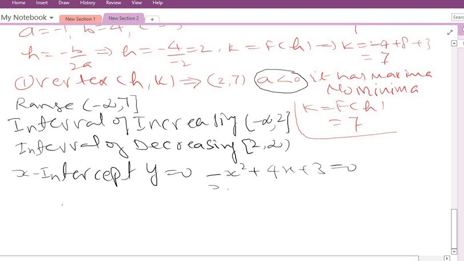When I solve using a calculator, this gives x is equal to minus 0.64 and x is equal to 4.6. So the x-intercepts are minus 0.64 and 4.6.